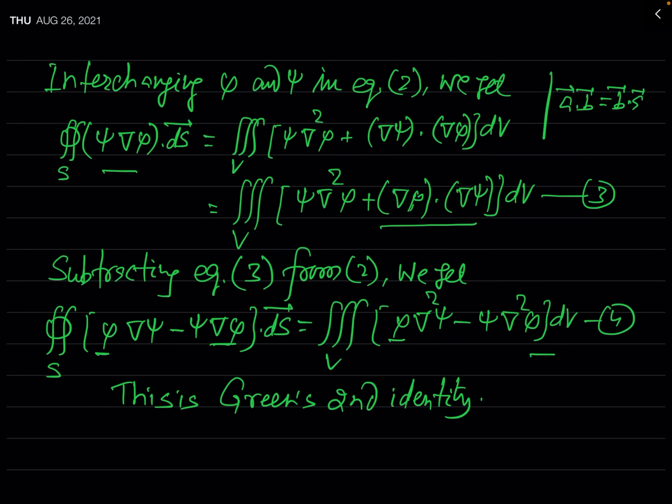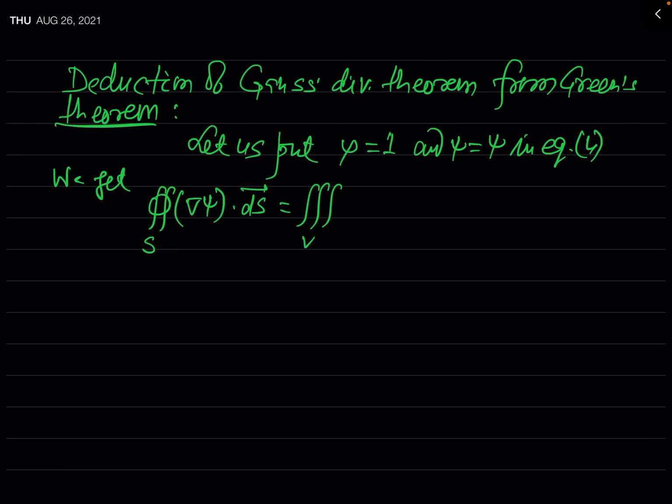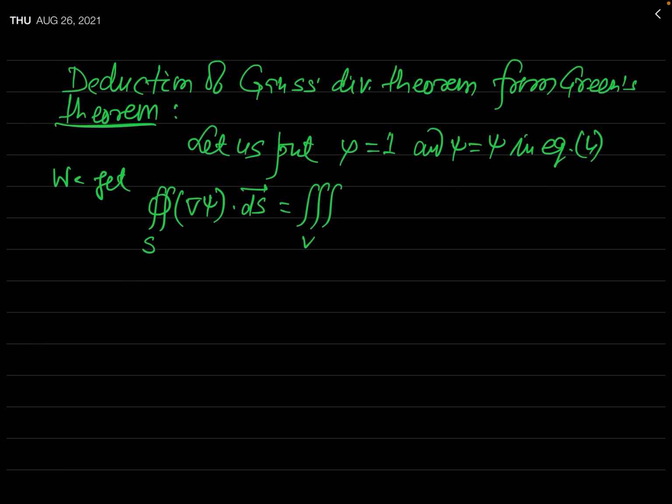Since phi is 1, so here will be 1, and since phi is 1, that is constant, so del 2 phi will be 0. So second term in RHS will vanish. So this will be simply del 2 psi dV.